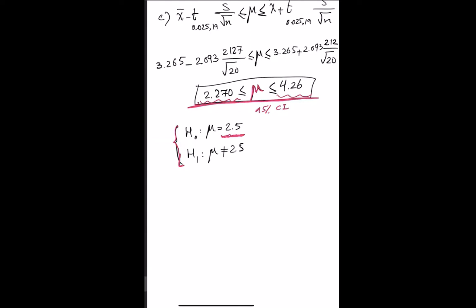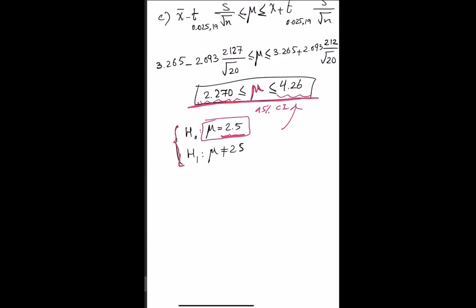I don't know exactly what the value is, but it falls somewhere here. So if someone asks you, what do you think about average being 2.5? Okay, 2.5 falls in this interval. It's between 2.2 and 4.2. So the 2.5 falls in this interval, then it can be the unknown average potentially.